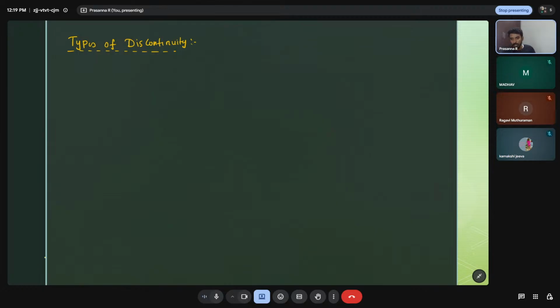The first is called removable discontinuity. When we say a function has removable discontinuity, it means LHL and RHL are both equal, but these two are not equal to the function value. It is discontinuous anyway, but this type is called removable discontinuity. Your LHL and RHL are equal, that means the limit as x tends to a of f of x exists, but it is not equal to the function value.